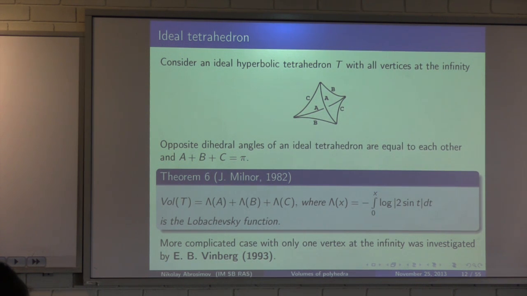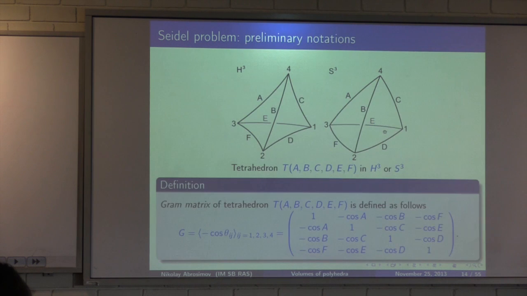Just a few partial results were known since Lobachevsky, by Schläfli, and most of the results, I mean exact volume formulas, were given in the last 20 years, many of them. I have no time to list them.